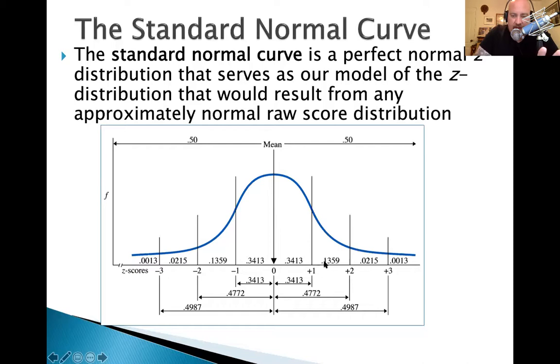Now we can look out further and see how rare the scores are. There are fewer of them, lower frequency of scores between one standard deviation and two standard deviations, right? So over here we're looking at roughly 14% of scores, 0.1359 proportion of scores, between 1 and 2. So not very many, right?